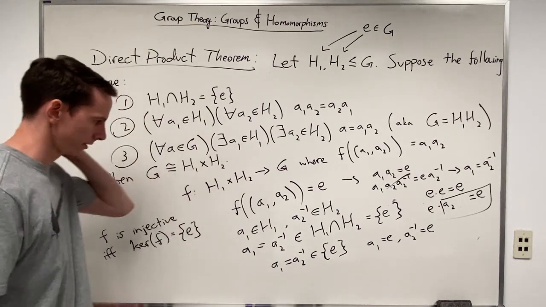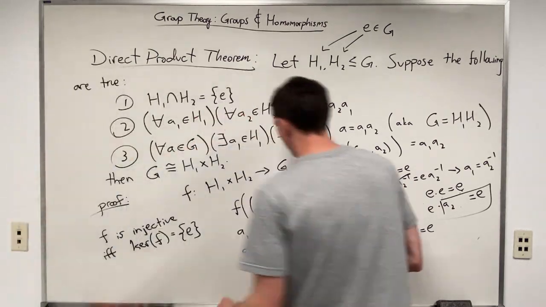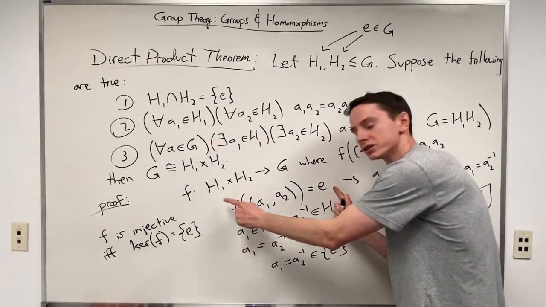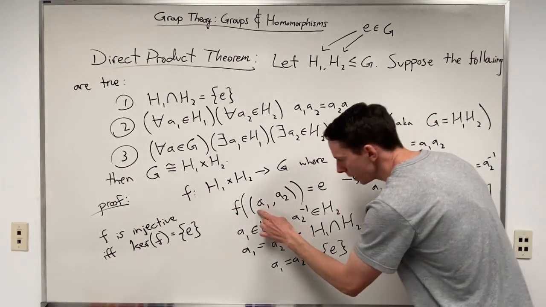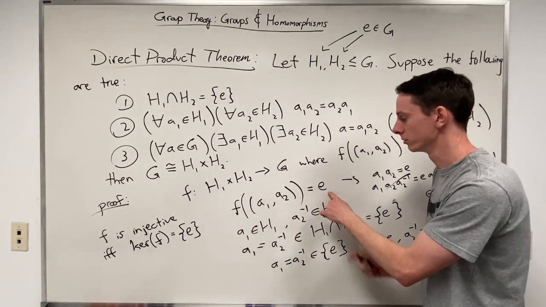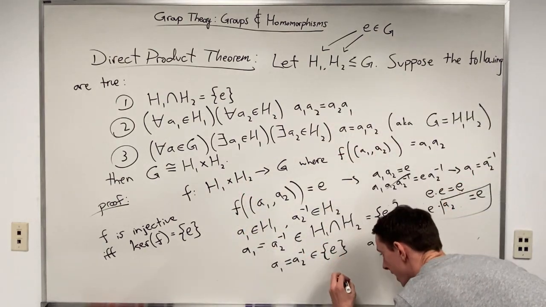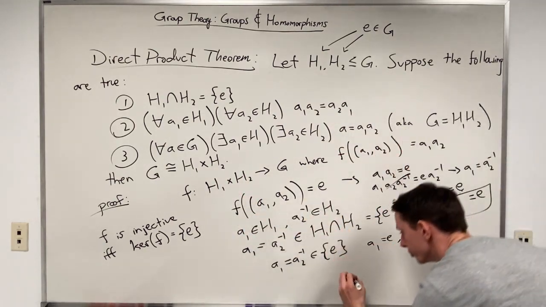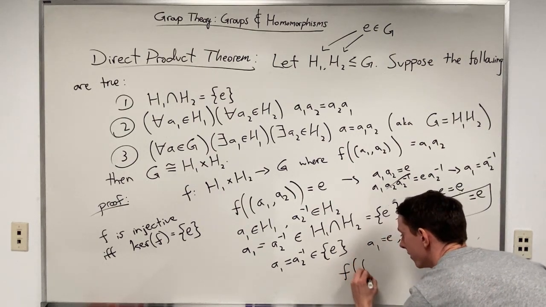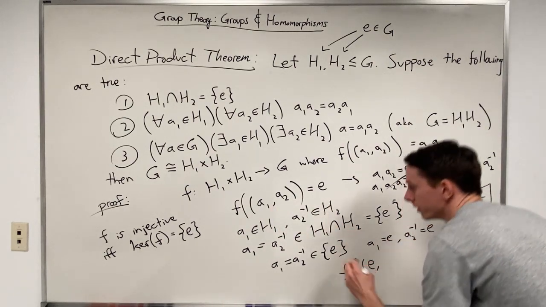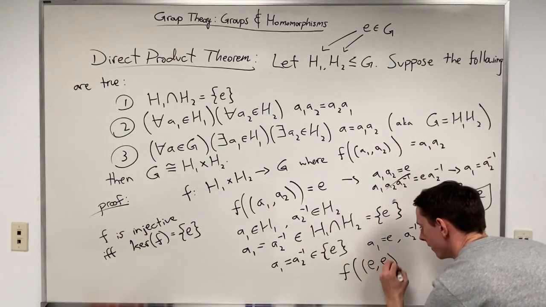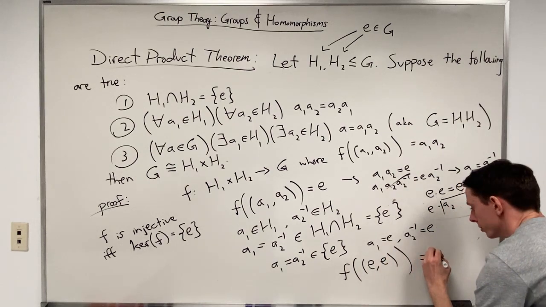And here's why. The reason why is because that tells us a statement about our original assumption right here. We said if A1 comma A2 belong to the kernel, which was this condition, what we have just shown is that the only way this is true is if we have A1 being the identity, A2 being the identity, mapping to the kernel.